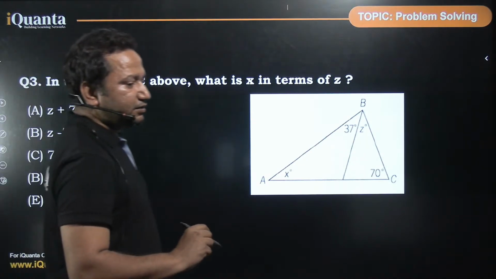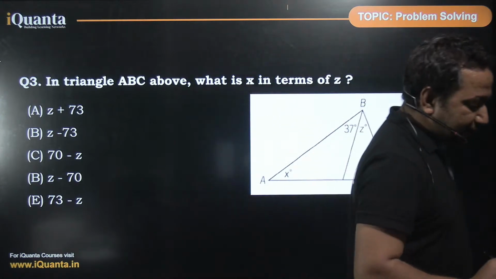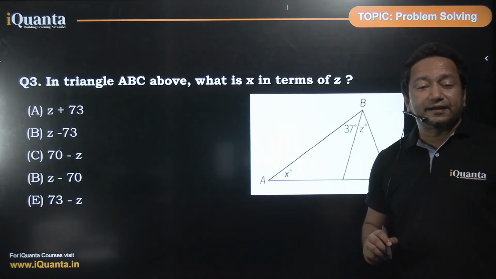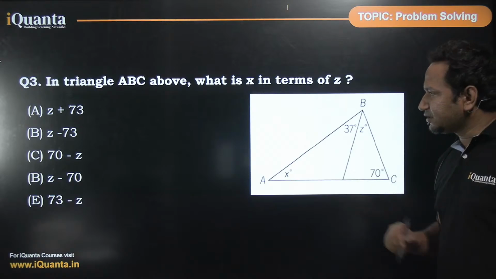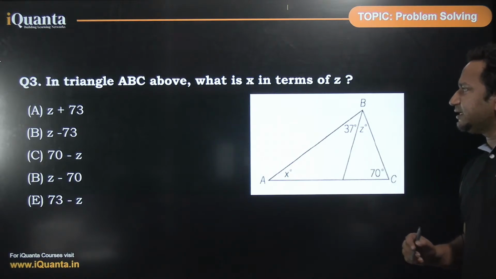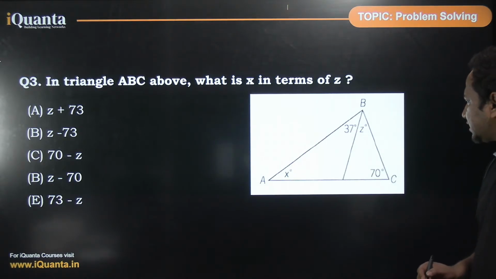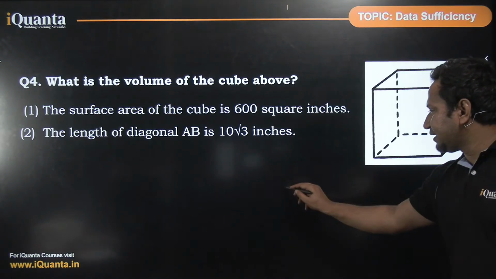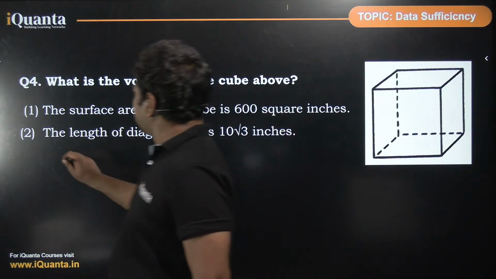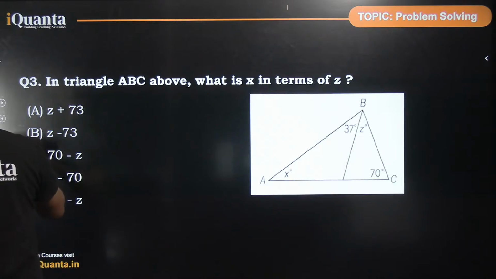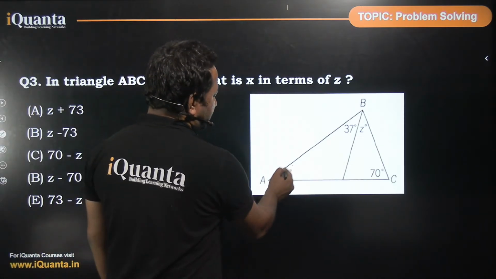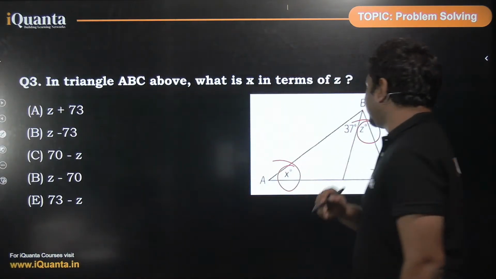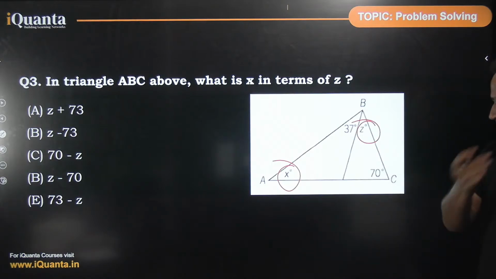Very basic question. If you remember your standard 8th geometry, you'll be able to solve this. In triangle ABC, what is x in terms of z? This is what we have to find. In terms of z. So let's do that.